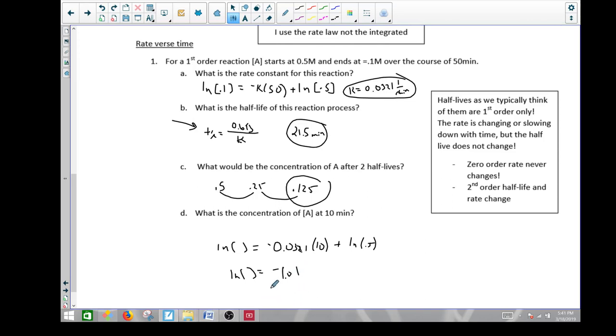All right, the concentration of this thing is equal to 0.362. Of course, that's moles per liter, and makes a heck of a lot of sense, seeing it started at 0.5, and look at the time that we went through.